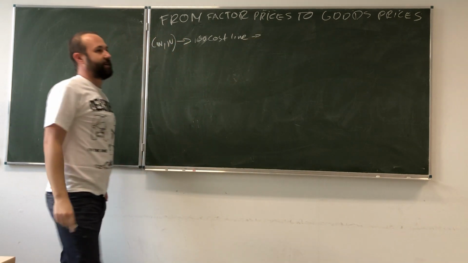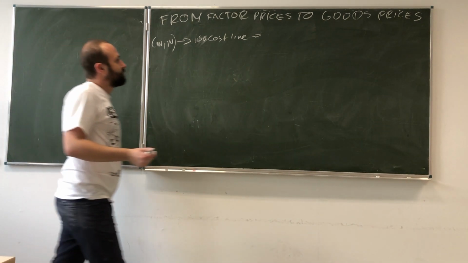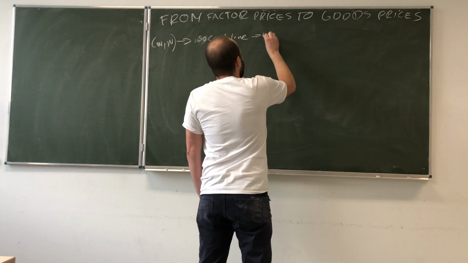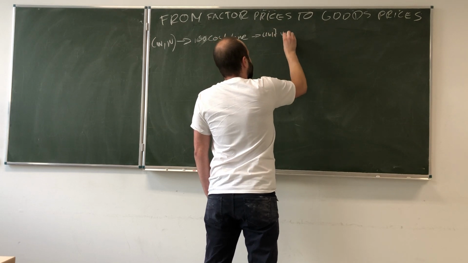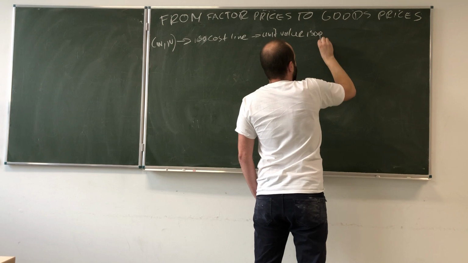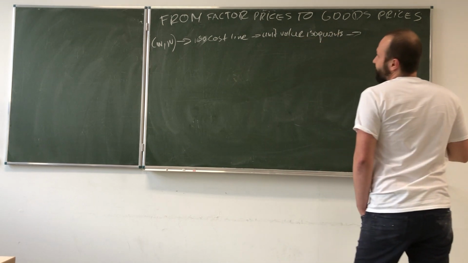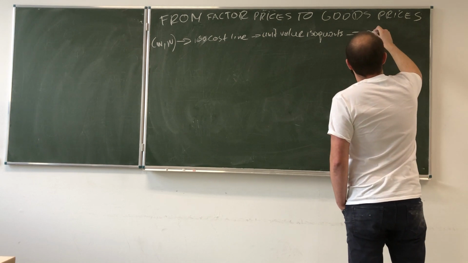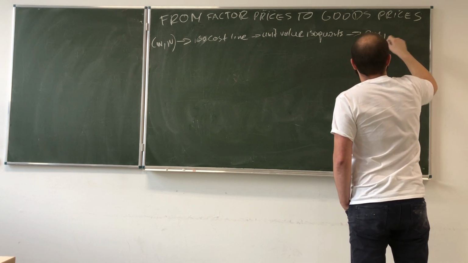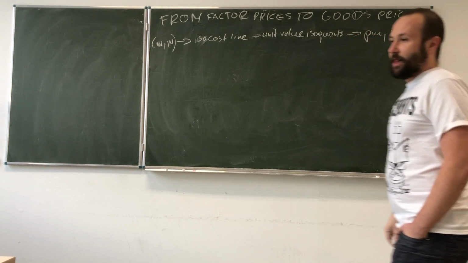Now, once we have the isocost line, it's not a problem for us to find the unit value isoquant points. And from those, finally, we will arrive at prices of manufactures and food.